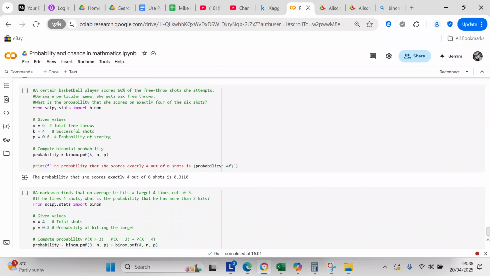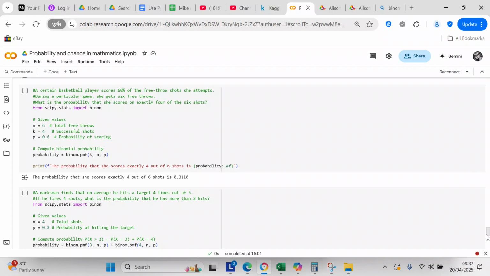So we have another question. A certain basketball player scores 60% of the free throw shots she attempts. During a particular game, she gets 6 free throws. What is the probability that she scores on exactly 4 of the 6 shots? So we want to use the Python scientific library SciPy. From scipy.stats, import binom.